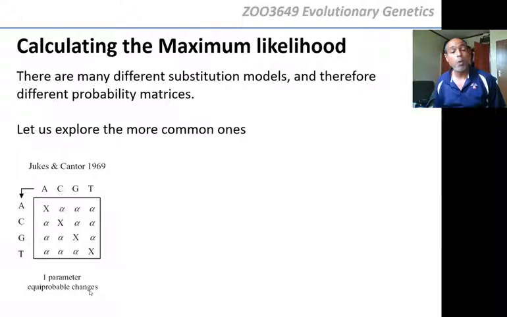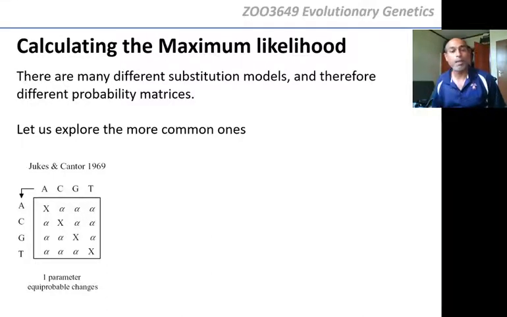You see it's alpha here, and this matrix is telling you that a C will mutate to an A at probability alpha, a T will mutate to a C at probability alpha, and a G will mutate to a C at probability alpha. In other words, the mutation rate for any base to any base, Mij, is alpha.